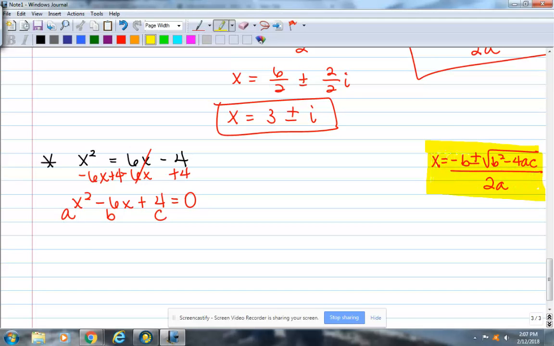Try it with your pencil. Just plug it in and do arithmetic. That's all it is.